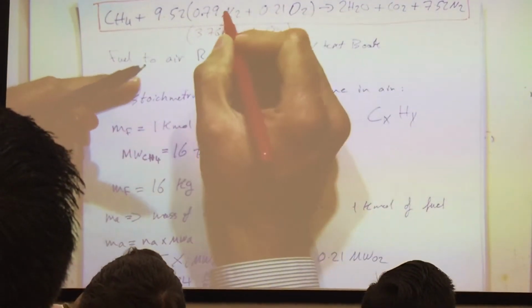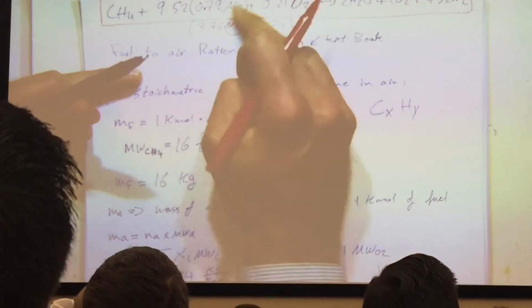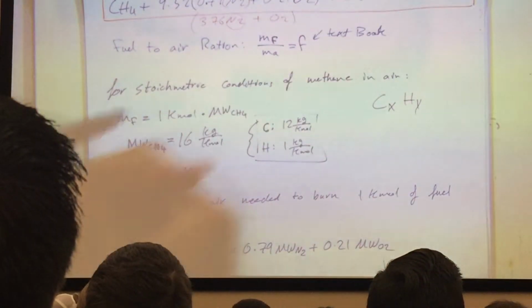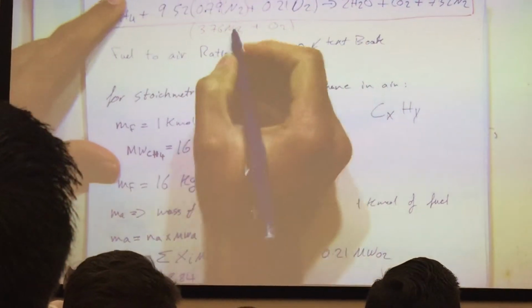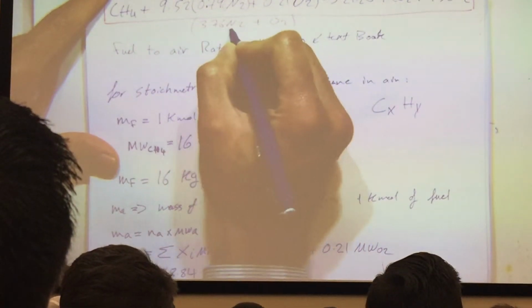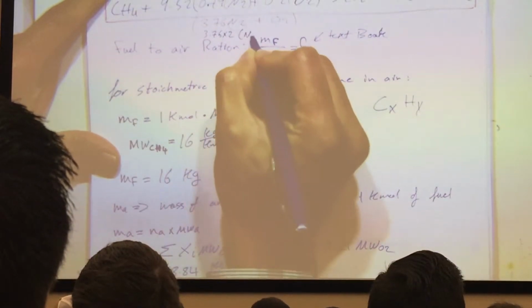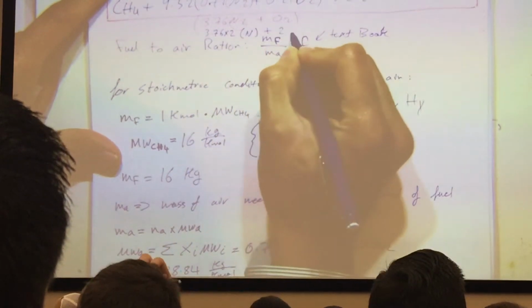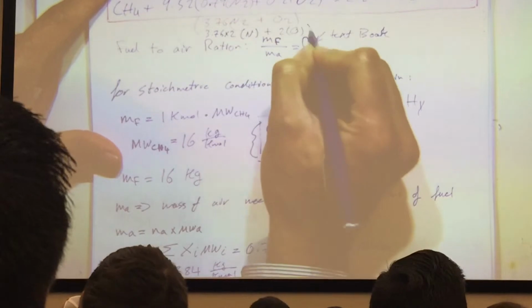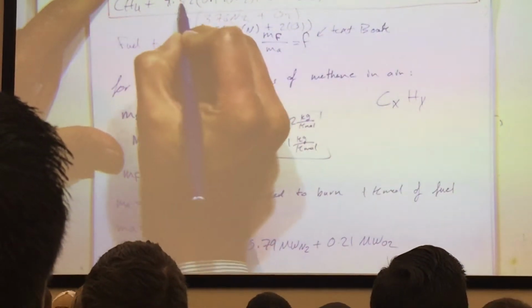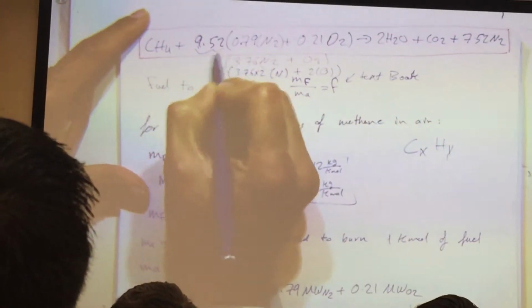In reality here, I'm writing nitrogen, but in reality it's an absolute value. So it's the same exact number, because it's saying 3.76 multiplied by 2 of nitrogen plus 2 multiplied by oxygen will give you the same value if you take 9.52, which is what we got as A last time.